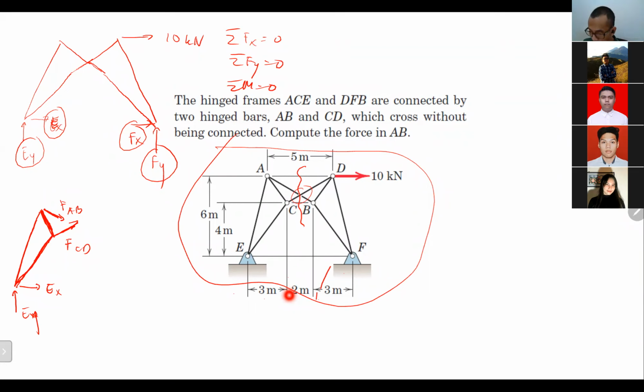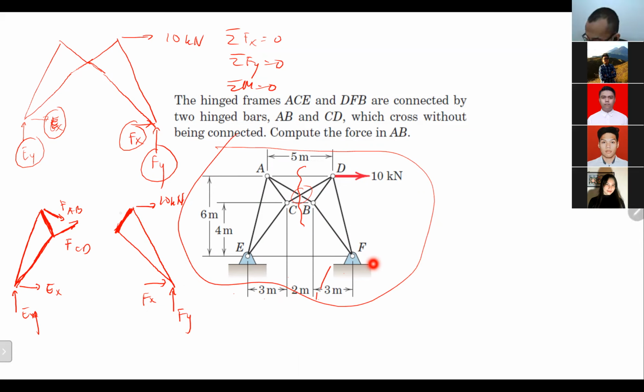Yes. And then if we draw the right free body diagram, it will be like this. The dimension is slightly off, but still okay. Fy, Fx, we have 10 kilonewton. The FCD and FAB are still tension, right?